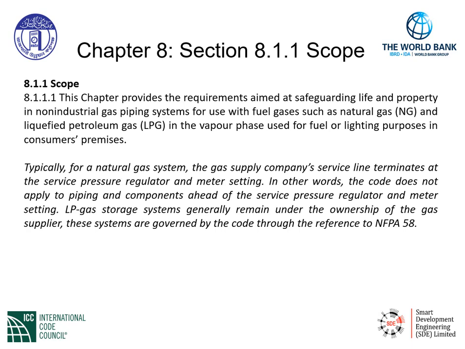This code covers other types of systems, and as you can see, the fuel types such as natural gas and LPG are in the vapor state. They are not in the liquid state. We cover appliances in this code, such as lighting appliances, heating appliances, things of that nature.